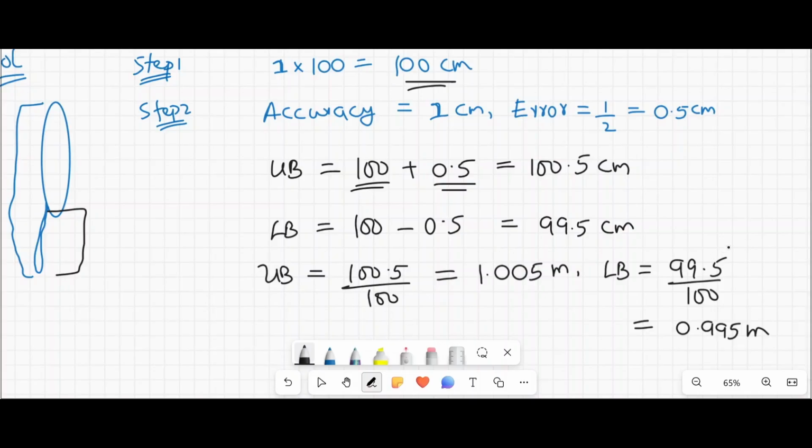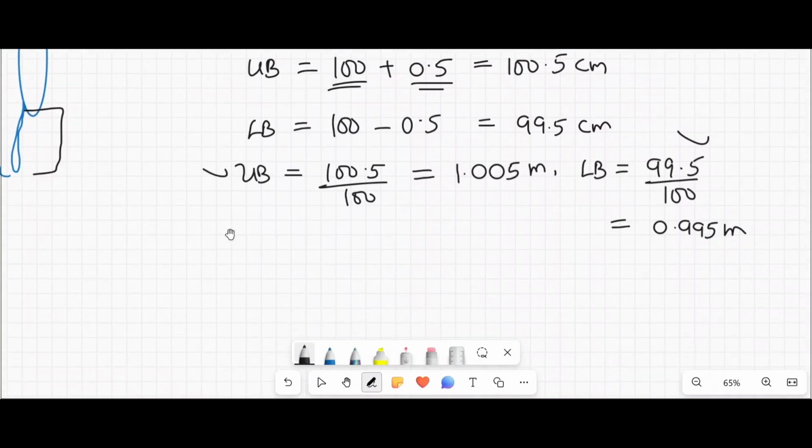So this is our lower bound in meters, and this is our upper bound in meters. The length it could reach is between these: 0.995 less than length less than 1.005 meters.